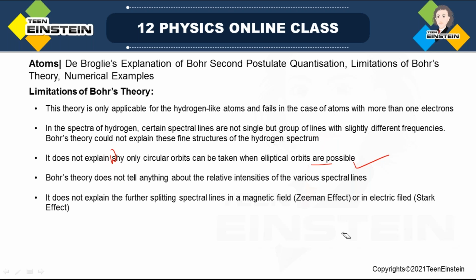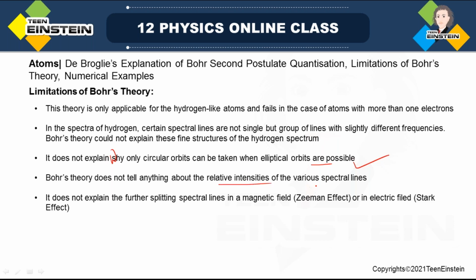That is called the uncertainty principle, and that's why we cannot say an electron is confined to a particular orbit. So the orbit concept is also not a very feasible concept. We'll learn that in higher classes.